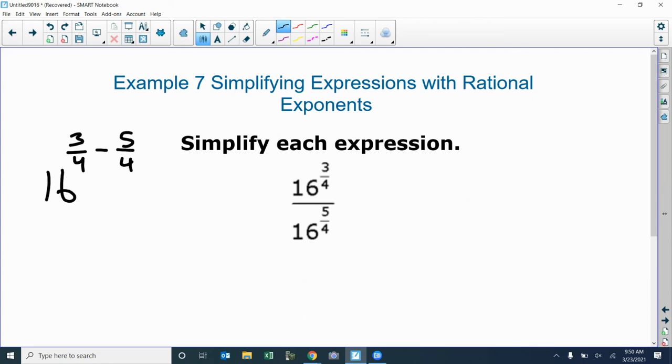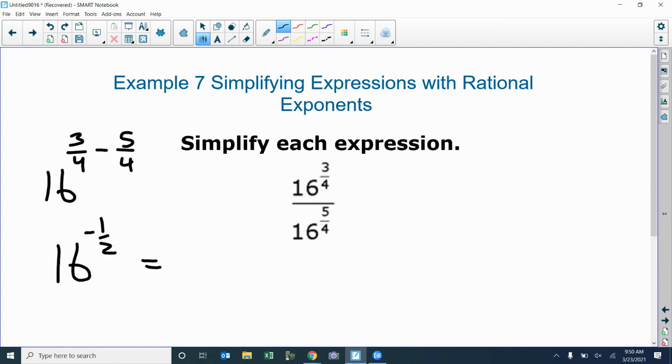What do we end up with? 16 to the what? Is it positive half or negative half? It is negative half, okay?